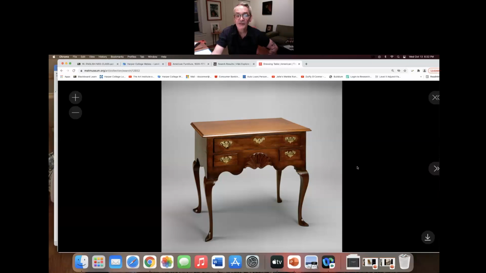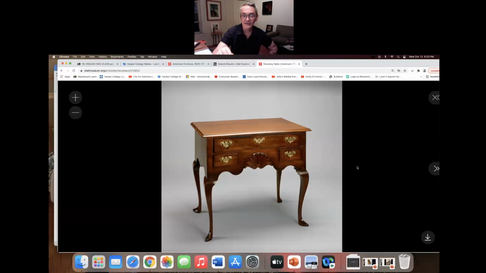The term cabriole, what I have read, refers to a leaping goat, but cabriole leg refers to that sort of curve out and then back. And the slipper foot, so the feet, they had different feet. Pad foot, slipper foot, ball and claw are three different types of feet that the leg would terminate at.